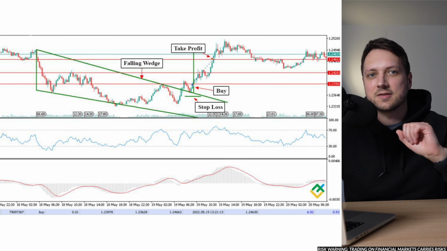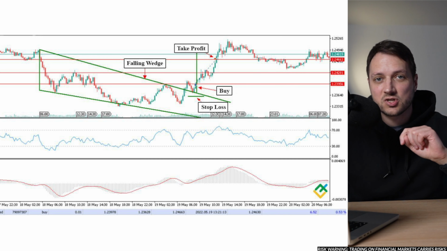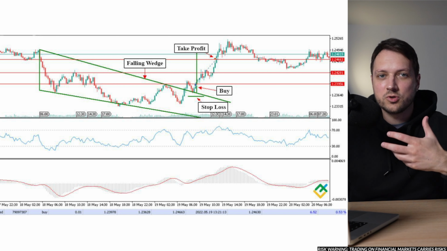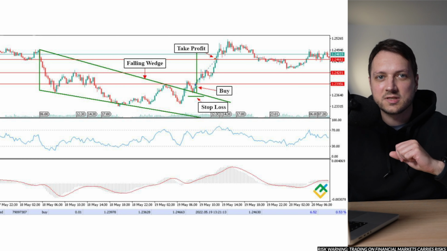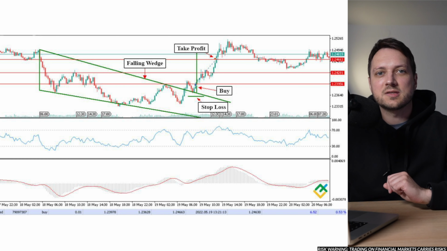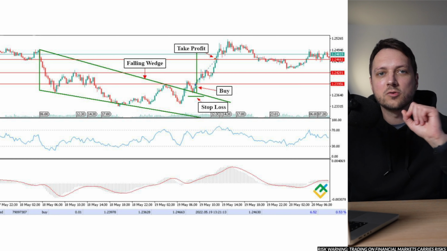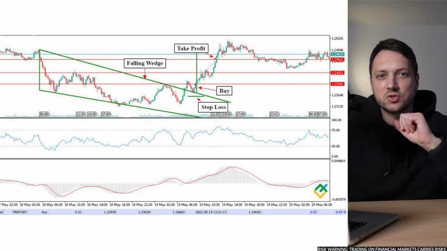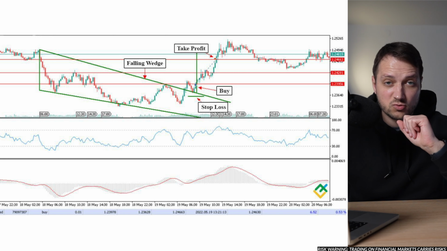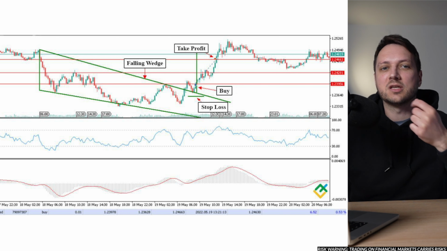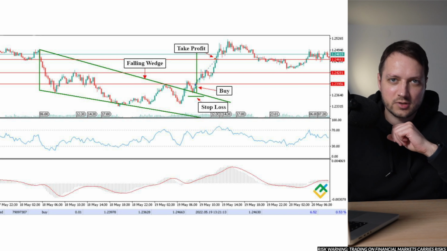And after analyzing the 15 minutes GBP USD chart, I identified the formation of the falling wedge, from which a breakout of quotes was expected. And so after the price broke through and tested the level, I opened a buy trade of 0.01 lots. As part of the trading strategy, the target for the instrument was at the distance from the beginning of the downtrend to the beginning of the first upward correction.